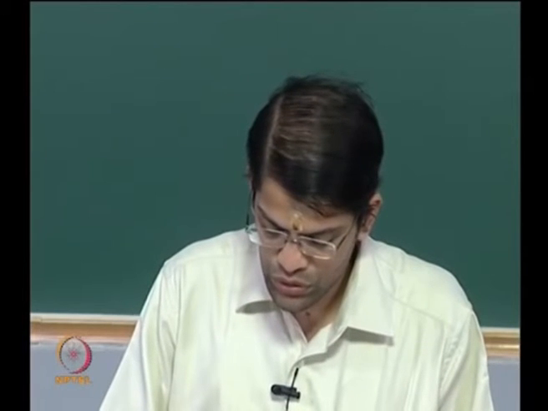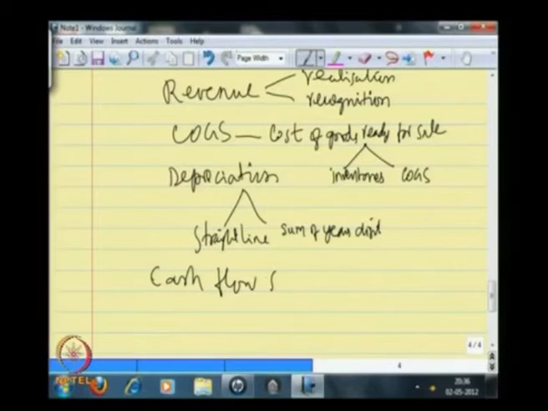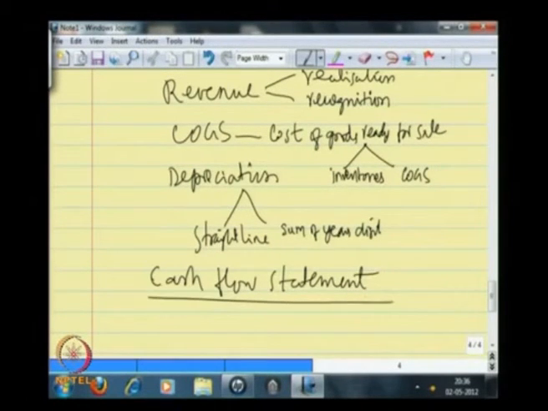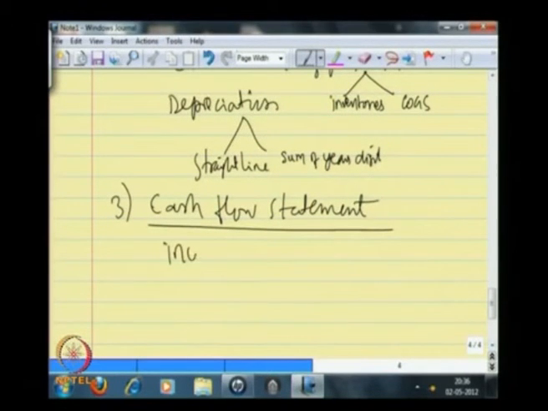And then finally, we also discussed a cash flow statement, which is the third important financial statement, and this is where we appreciated the concept that income is not cash.